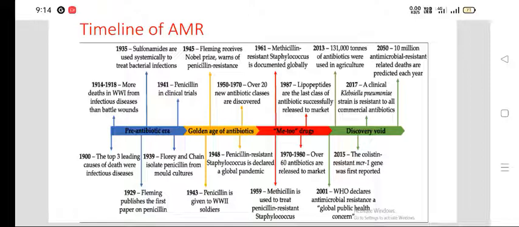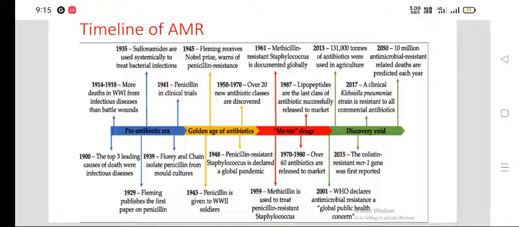In 2001, WHO declared antimicrobial resistance a global public health concern. In 2015, the colistin-resistant MCR-1 gene was first reported.